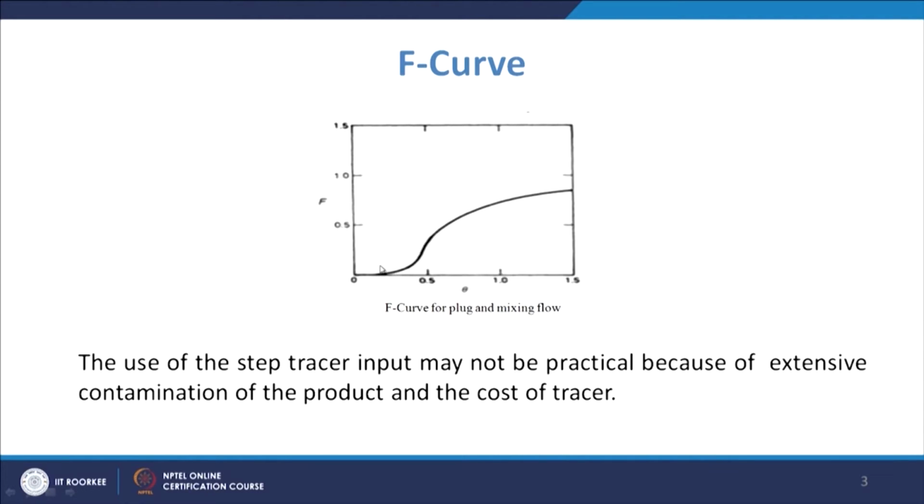Up to this much time there is no tracer concentration appearing at the tundish outlet. The tracer which has gone inside the tundish has come all through without going to the outlet, and then after that it has started appearing at the outlet. It will start appearing, and then slowly it will go on increasing.